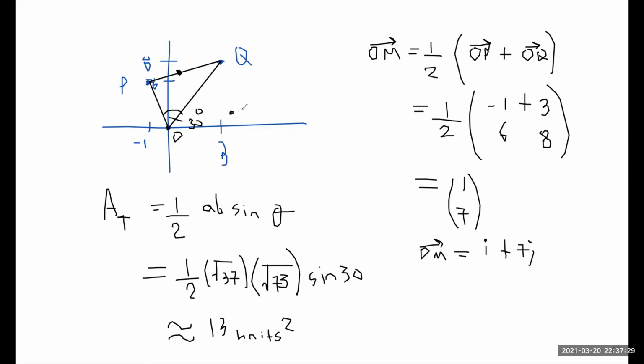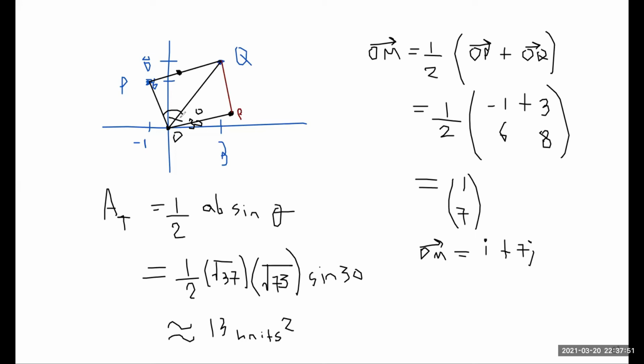Somewhere around this line should be our point R, such that it forms a parallelogram. I'm just making up a point right here. Let me use a different color. All right, so somewhere right here should be R.